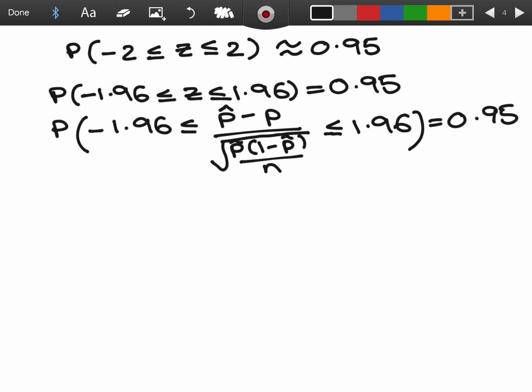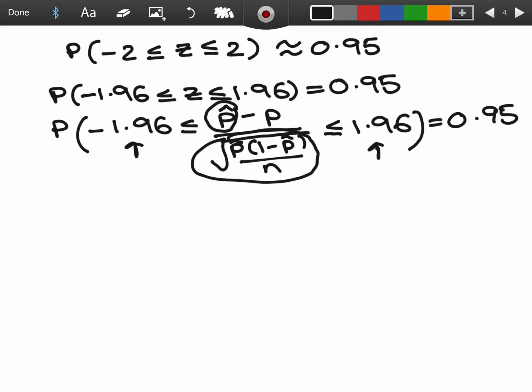Okay. I can rearrange this. So I can multiply up by this standard deviation term. So if I multiply both -1.96 and 1.96 by this standard deviation term, I can then subtract my sample proportion all the way through.